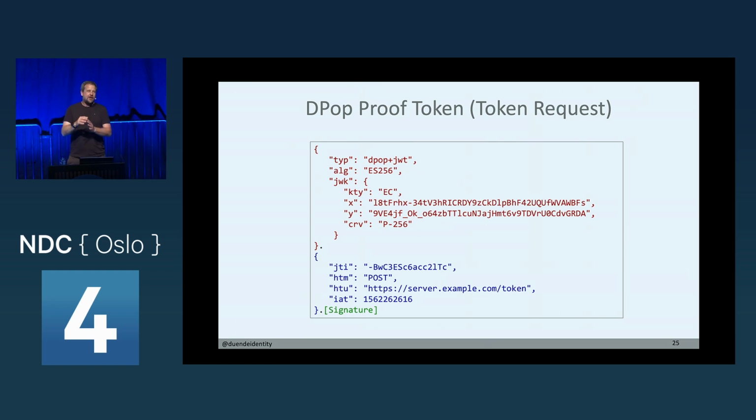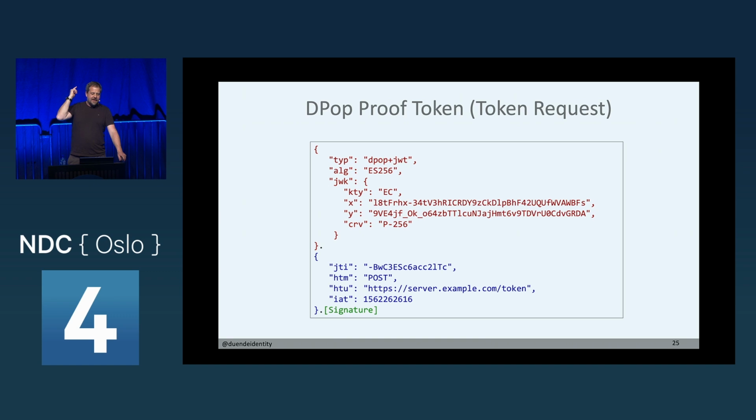So you're signing only parts of the HTTP request. In particular, you're signing the HTTP method, which is a post in this example, and the HTTP URL, which is the endpoint you are sending that proof token to. You could sign more if you want to, but that's the minimum requirement.